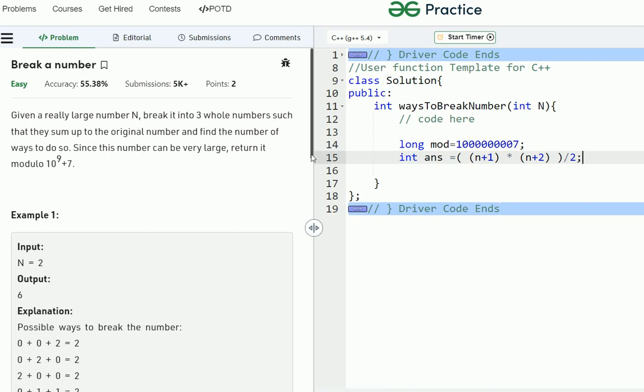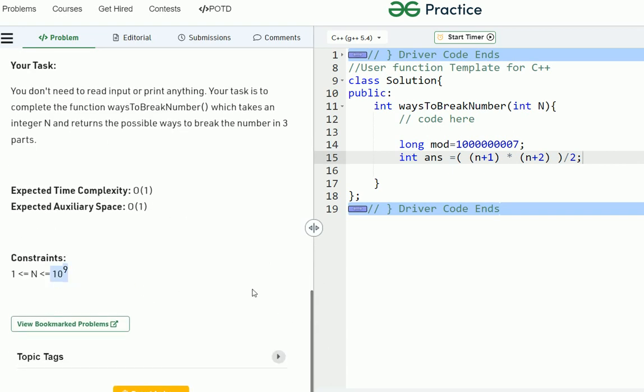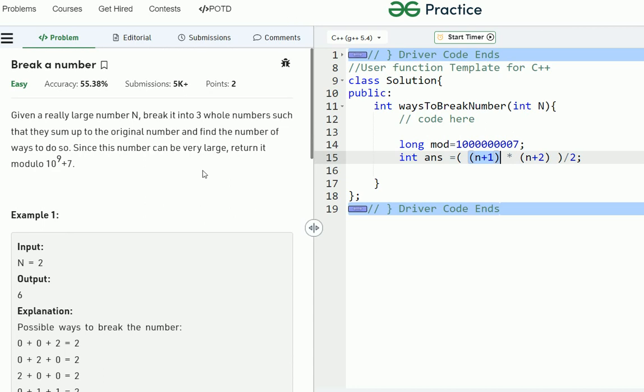Here, if you see the problem, n is also very large, in the range of 10 to the power 9. So it may be possible that n plus 1 also becomes a large number. So we need to place mod here, and in this portion also.